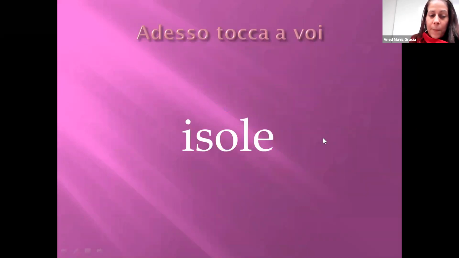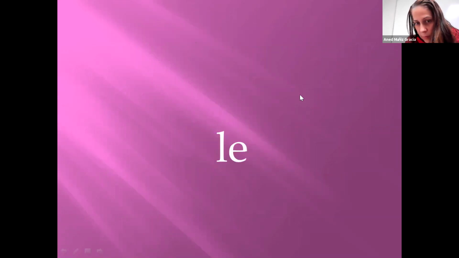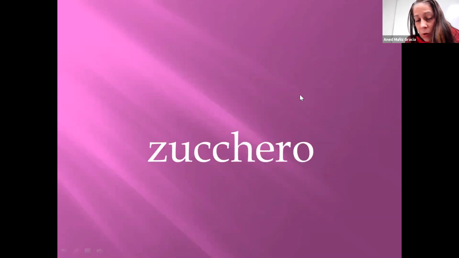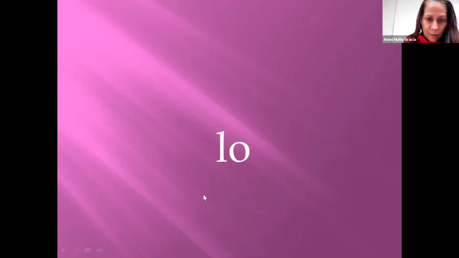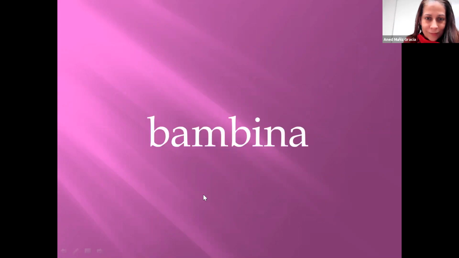So quale sarebbe l'articolo di isole? The article in front of it. Look at the ending, right? It suggests that it's a feminine plural. So it will be le. Zucchero. So the ending, okay, masculine singular, unless told otherwise, and it begins with a special consonant, lo.